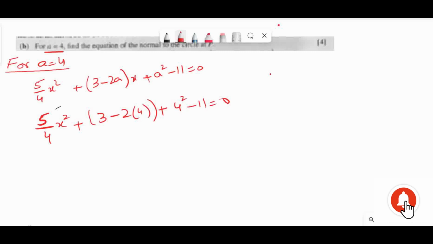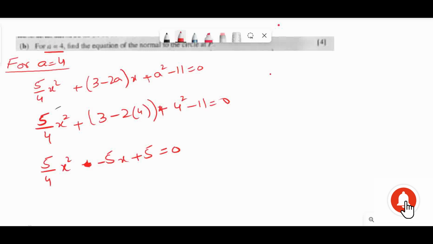Now if we simplify it, this will be (5/4)x² + (3 − 8)x, and 3 − 8 means this will be −5. So this will be −5x + 16 − 11, which is 5, so plus 5 = 0.